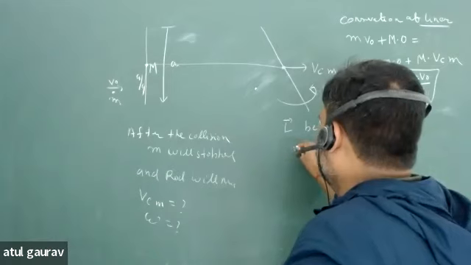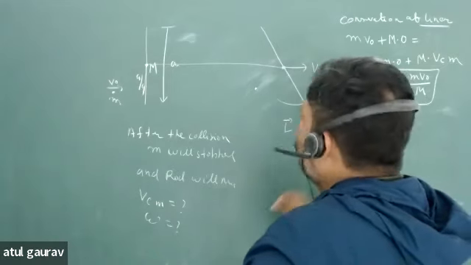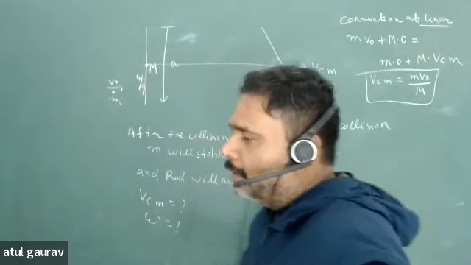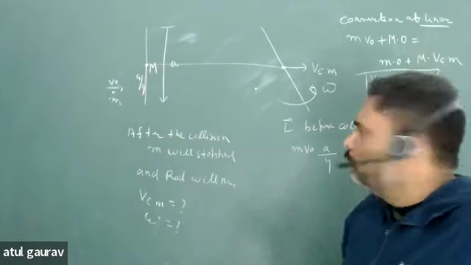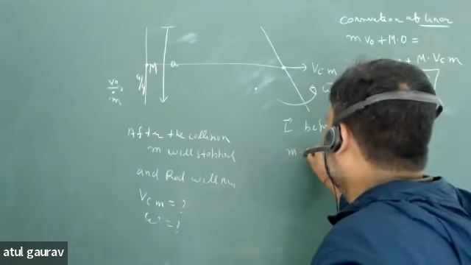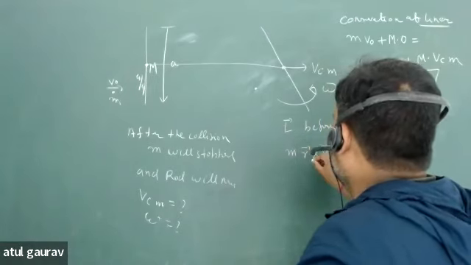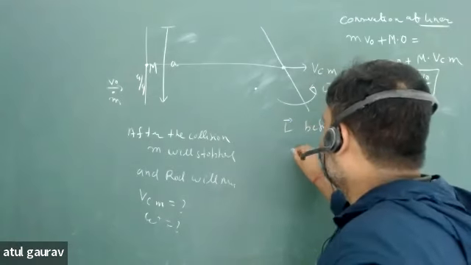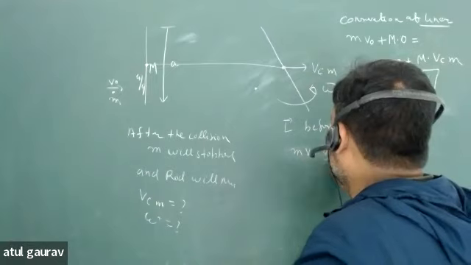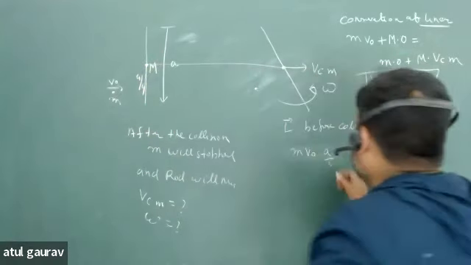M V naught into A by 4. Because angle between V naught and this R is remain same. ये तो particle का है ना? So that will be M V naught into A by 4. ये तो simple है. इस direction V naught है and this direction में R है.